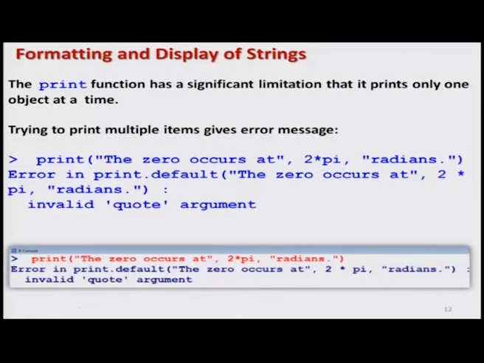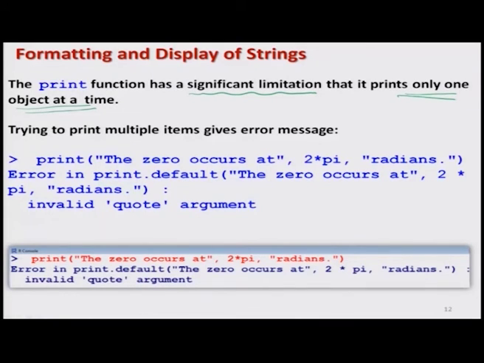Now something more about this print function and some of its problems, and then how to solve them. The print function has a very significant limitation: it prints only one object at a time. This means what? Let us take an example.